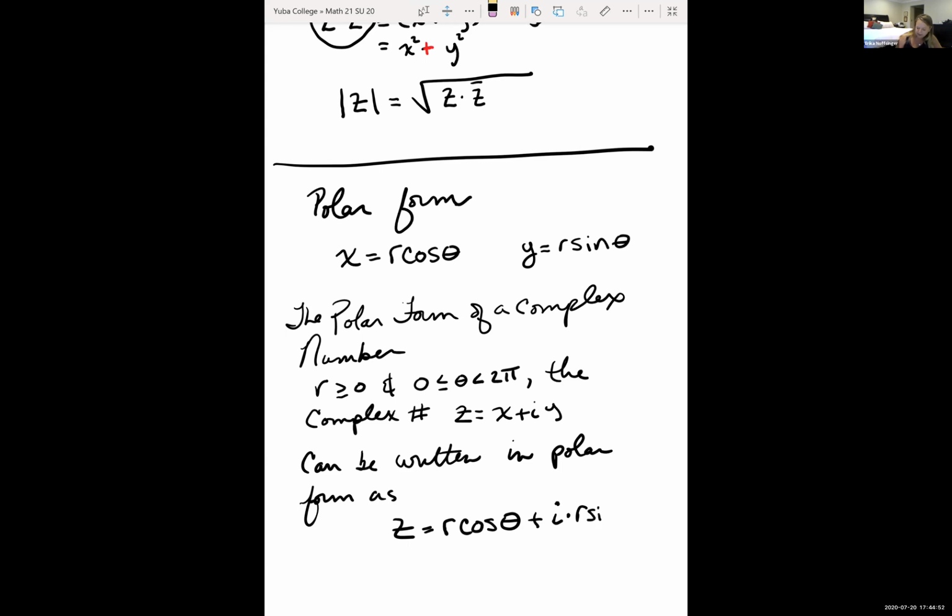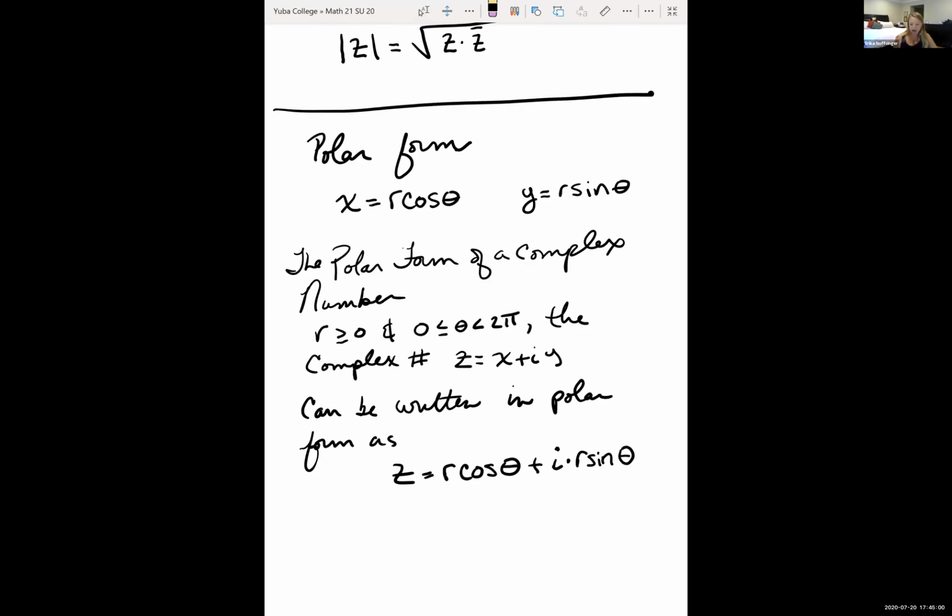So remember, the y value is like the imaginary part. So i times r sine theta. Notice we can factor out an r here. So we can say z is the same thing as r times cosine theta plus i sine theta.